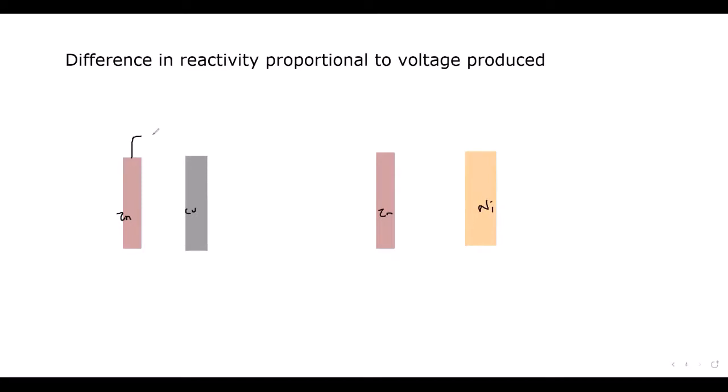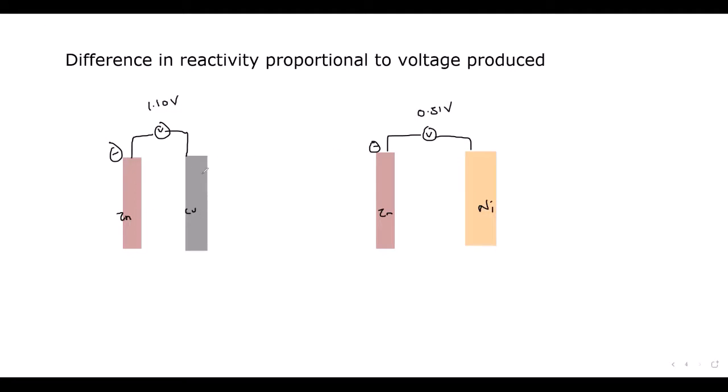The one which is referred to as the negative terminal represents the more reactive metal. When we use zinc and copper, the voltage is 1.10. When we use zinc and nickel, the voltage is 0.51. How do we work out the reactivity using the voltages?